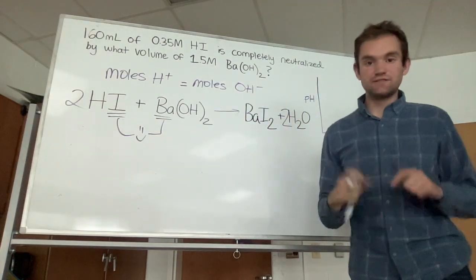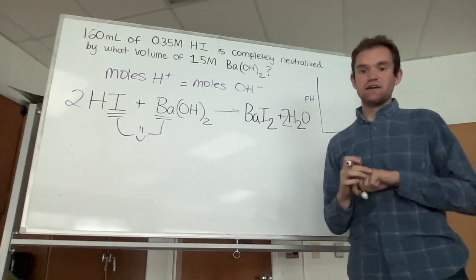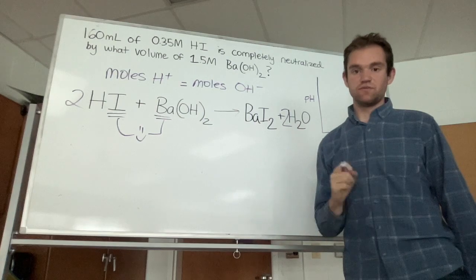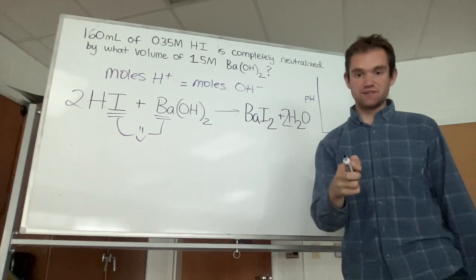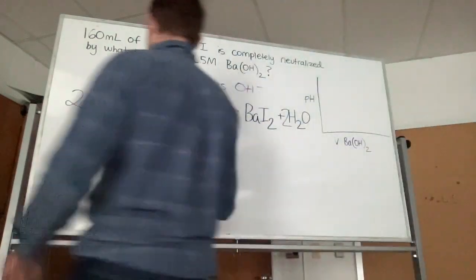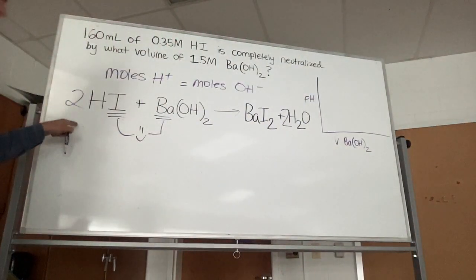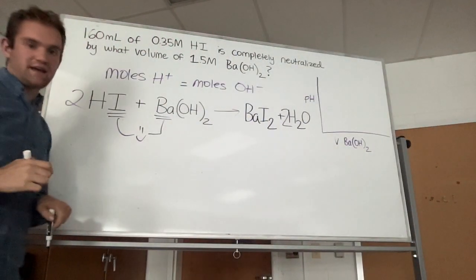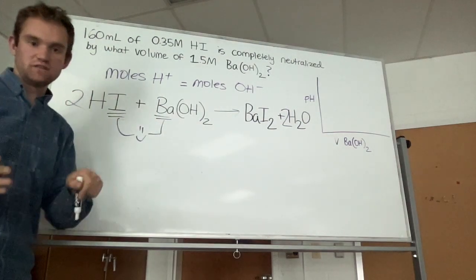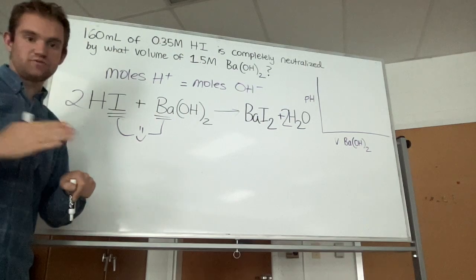Well, let's do it. So how do we solve this thing? C1V1 of the acid equals C2V2 of the base, except, here's our problem. I have my 2. And if I have a 2 in front of the acid and no 2 in front of the base, we care about the moles here, right? So the mole ratio is 2 to 1.